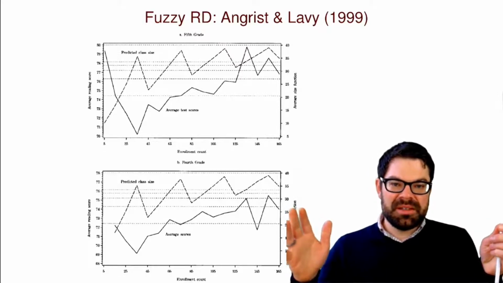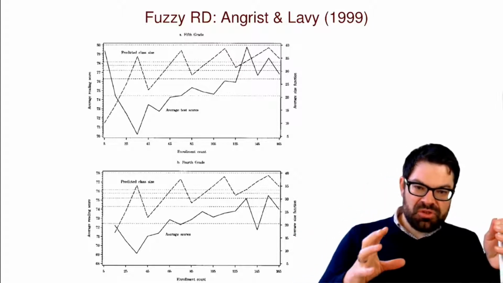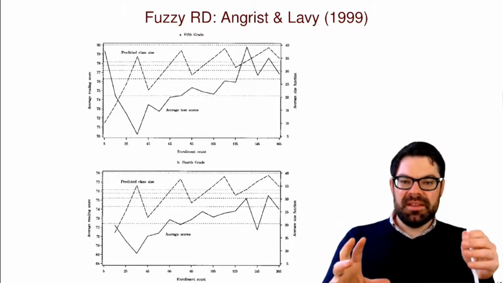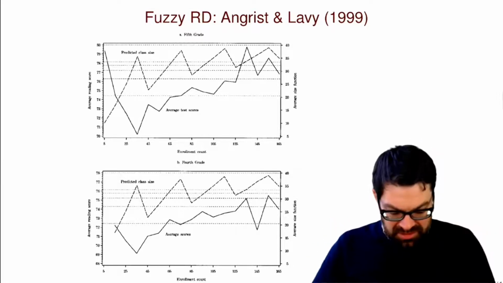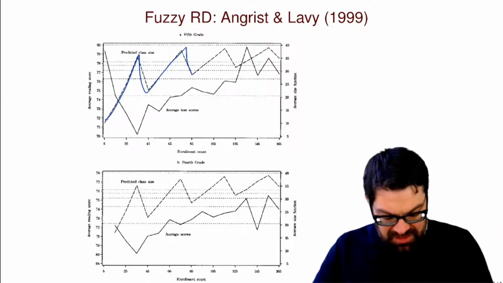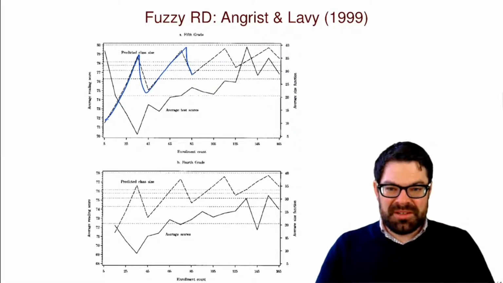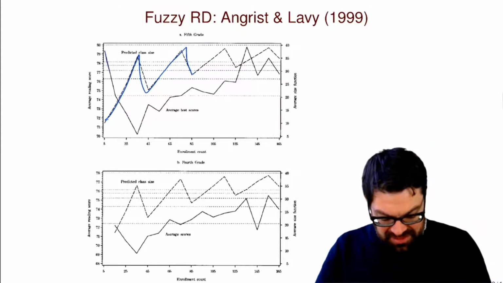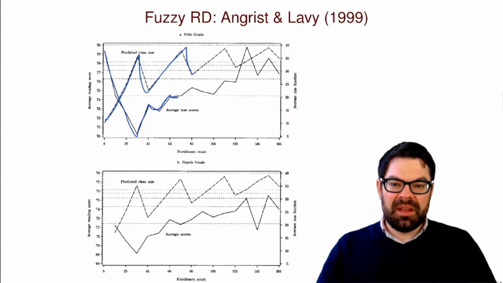Each of those graphs shows you, for different grades, the reduced form. So you have the dashed line here, that's the instrument, and the solid line here, that's the outcome. That's the average test score.